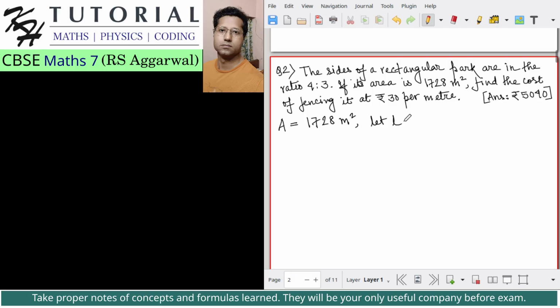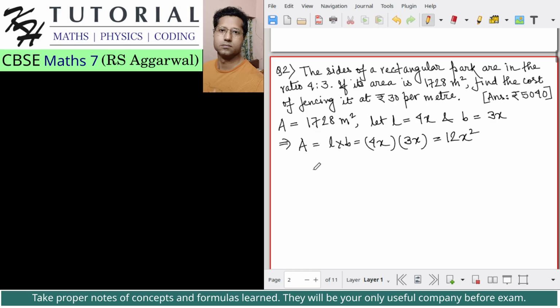So let length L is equal to 4x, and I will always denote L as the length of any square or rectangle or any room, and B as the breadth. So let L is 4x and B is equal to 3x. This implies area A will be equal to length into breadth, which is equal to 4x multiplied by 3x, which is equal to 12x square.